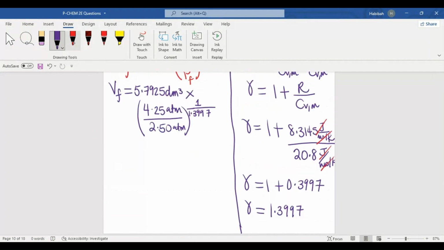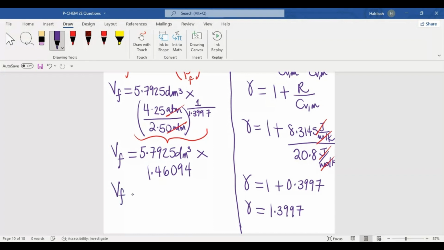So of course we're going to cancel our atmosphere. We have V final is now going to be 5.7925 dm cubed times whatever this information is in our calculator. So we're going to put 4.25 divided by 2.50, all of that raised to the power of 1 over 1.3997, which gives 1.46094.